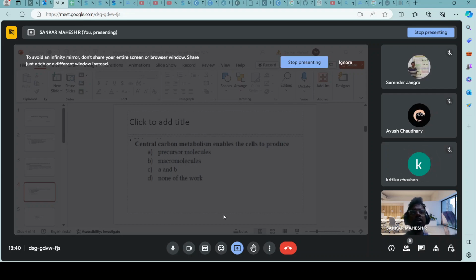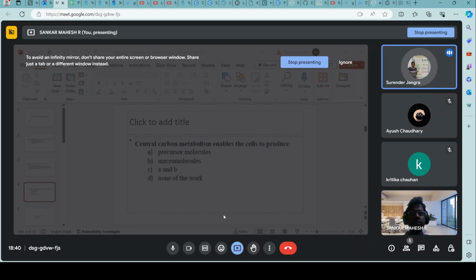Surinder, would you want to say if both options A and B are right, or do you have a difference in opinion? A is correct, because central carbon metabolism includes glycolysis and the TCA cycle.